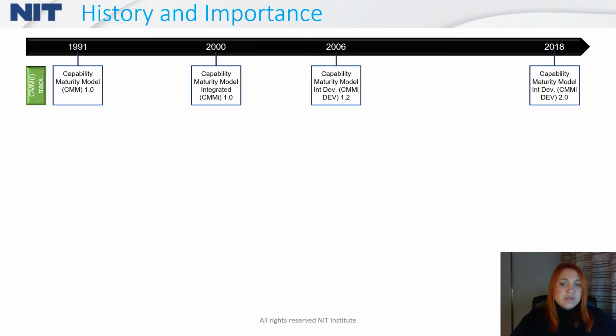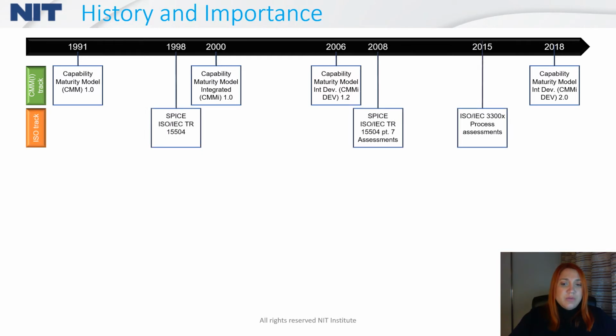CMMI had two successors, one in 2006 and the latest one in 2018 with version 2.0. In the meantime, in Europe, in 1998, the first new standard appeared, called ISO 15504. In 2008, the standard received a new Part 7 on assessment and was developed for checking compliance.